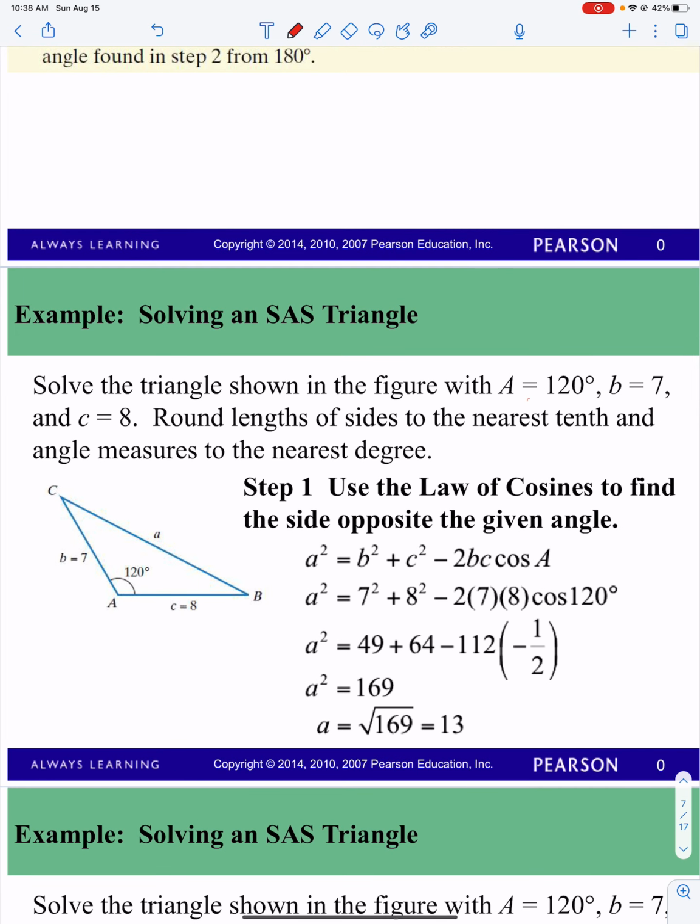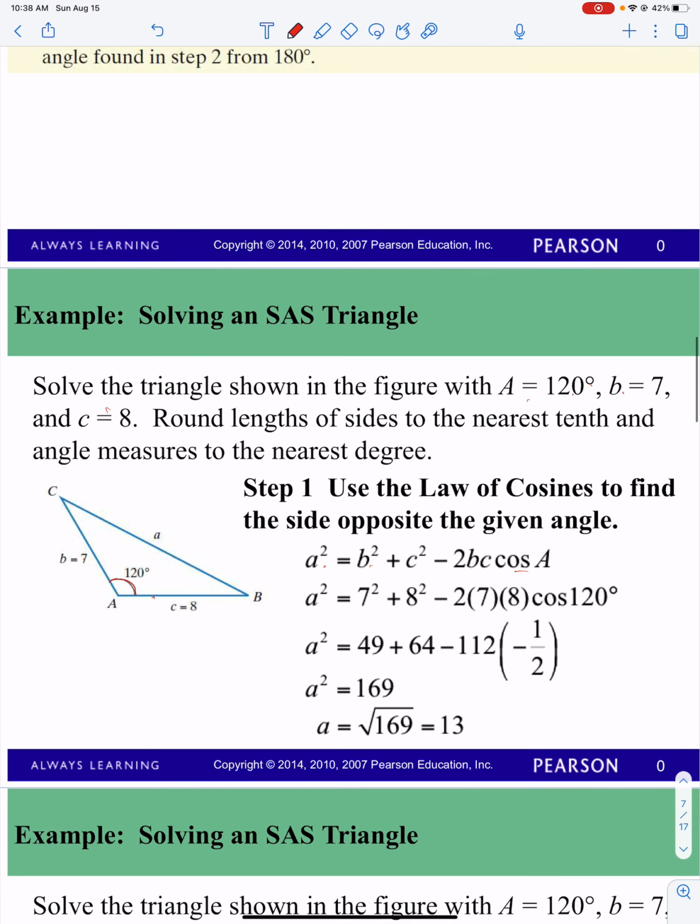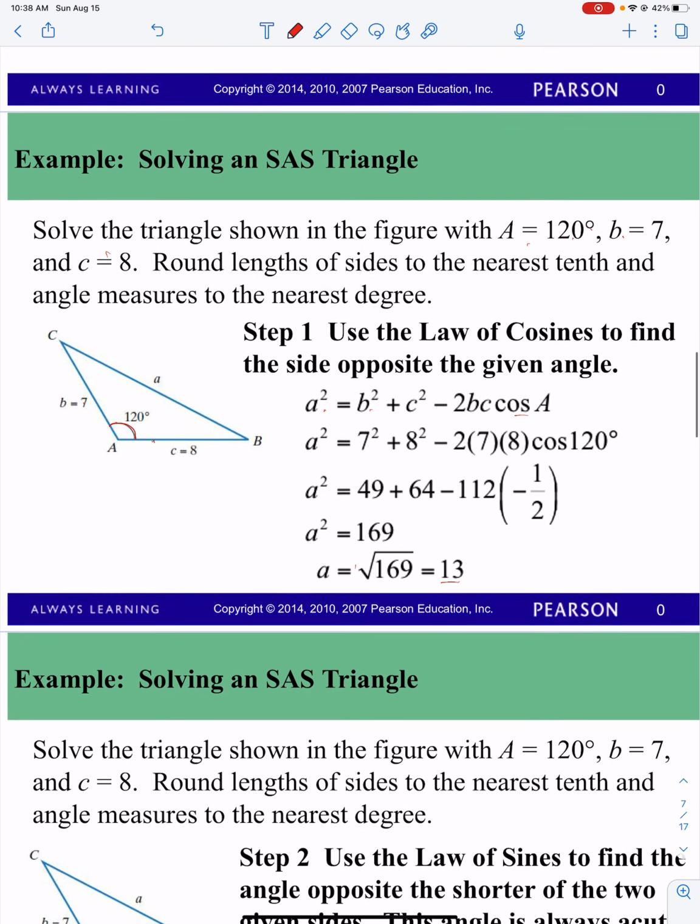Now we know angle a equals 120 degrees, b equals 7, c equals 8. What will we do? We know the two sides and the angle included in between, so we can use a squared equals b squared plus c squared minus 2bc cosine a, which is the law of cosines. Since a is a length, we take the positive root, so this is 13.